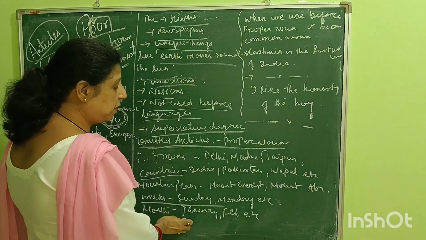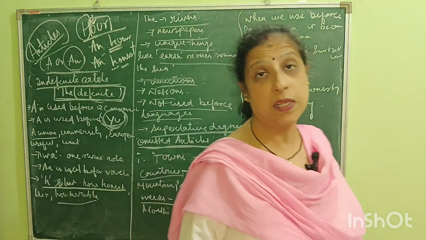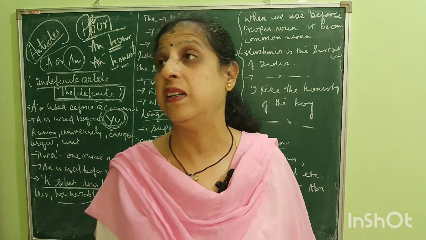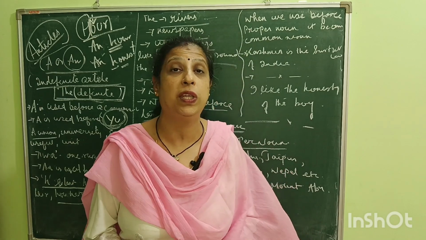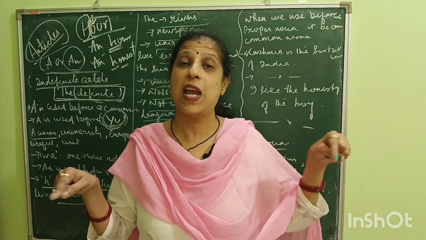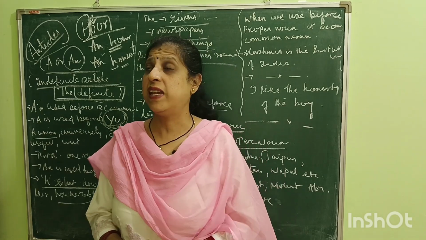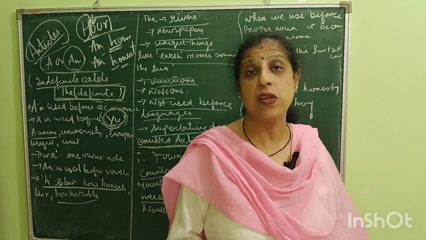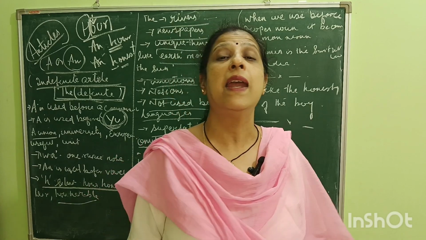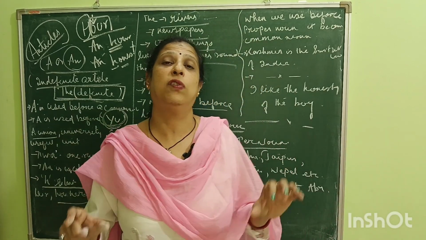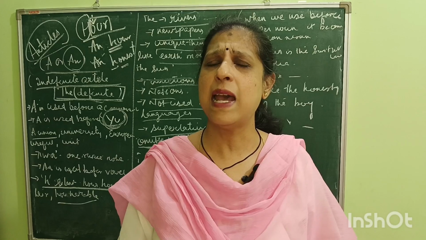Now, before the names of months also we can remove articles. For example, I cannot say the January is the first month of the year. I will say January is the first month of the year. I cannot say that the May is the hottest month of the year. I'll say May is the hottest month of the year. So here what is happening?